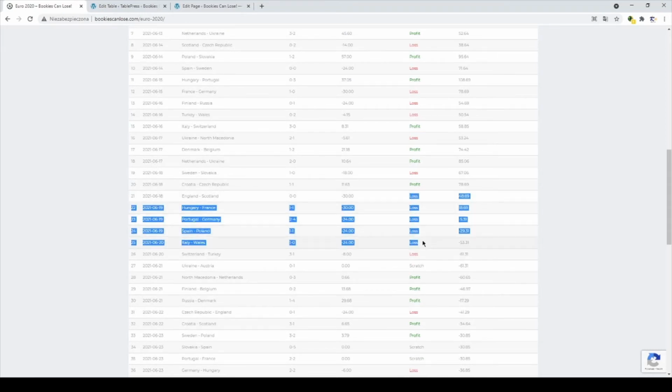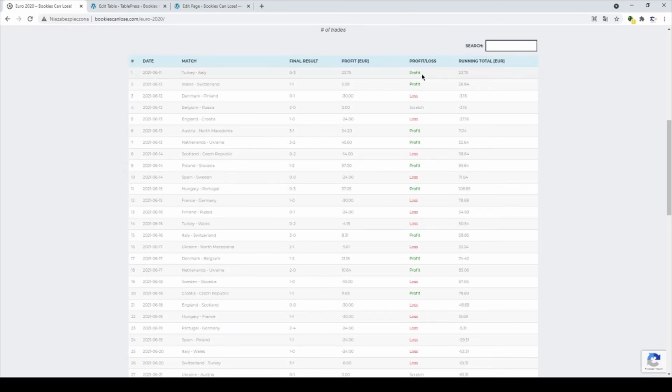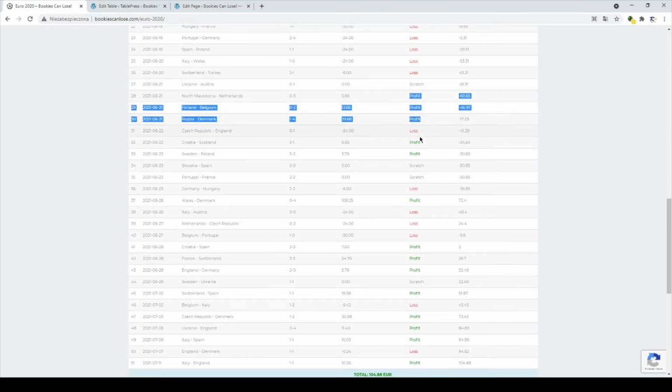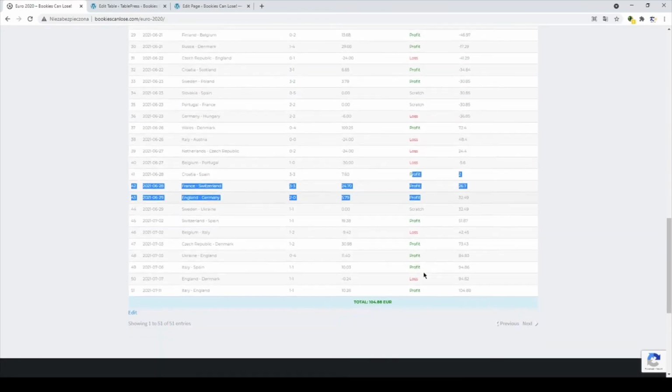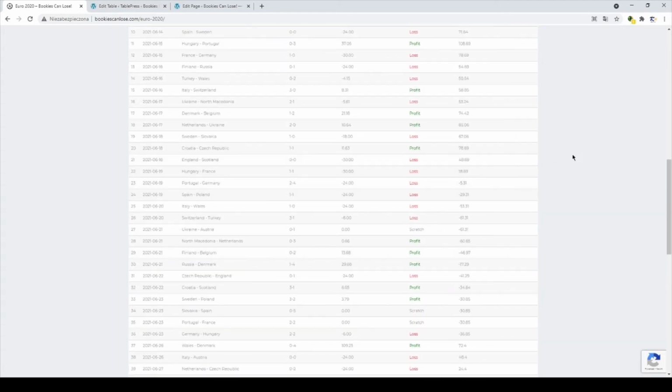I had this bad run: six trades lost in a row. We didn't have that profitable run of 3 profits in a row, 2, 3, 3. But here, this run was a bad run for 6 games, and I probably could have done better here.